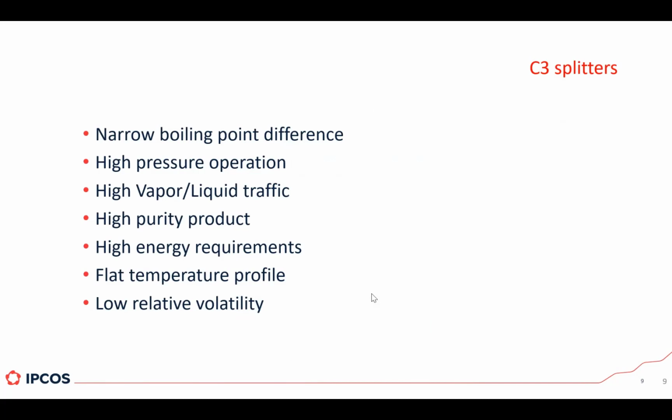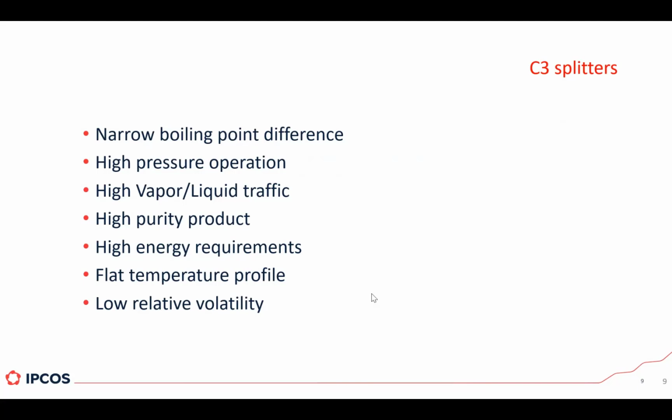So challenges, as I mentioned before: narrow boiling point difference between propane and propylene, and high pressure of operation. These columns operate at high pressures. The one in particular that we're talking about, I cannot name specifically where it was, but it was operating around 18 bar. So you could call it high pressure.